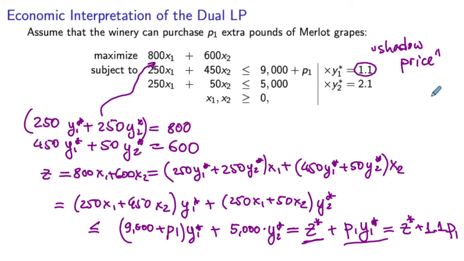So it's the shadow price because this is what you could be willing to pay for an additional unit of your resource on top of the regular price.